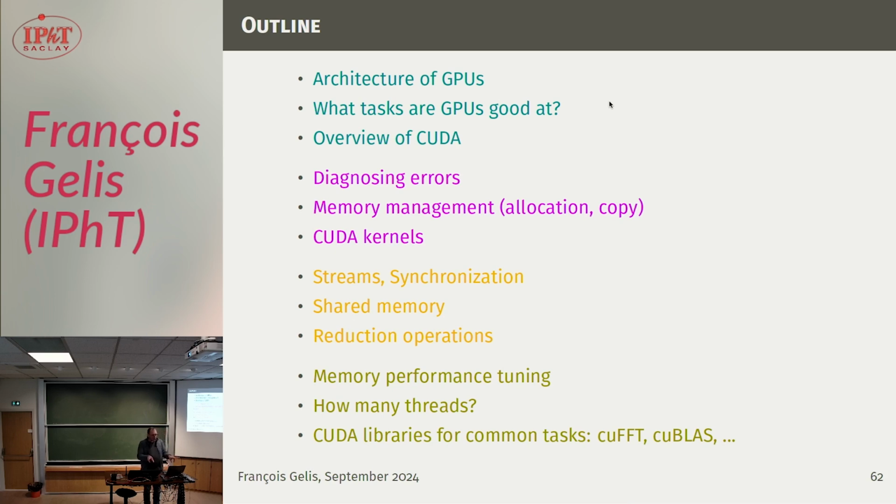It's allowed to have branches even among these groups of 32 threads, but it implies that if you have several branches, then the 32 threads will diverge, which means essentially that they will perform one branch and then the next branch, but this will not happen simultaneously. So of course it has an impact on the performance.